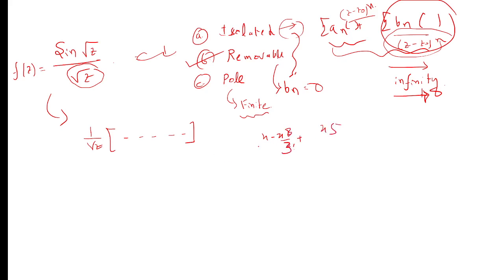What will happen? This z and this ultimately will get cancelled, and in the end you will not be able to find any denominator in terms of z. So obviously, it's a removable singularity.